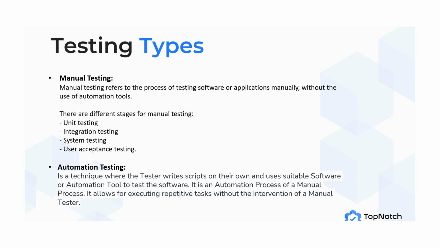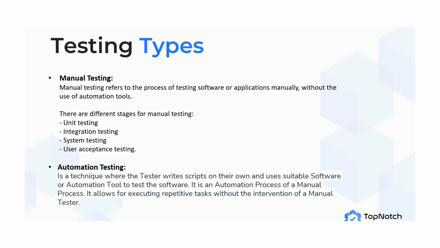Then, as a quality team or quality engineer, you will start the system testing. System testing means testing the whole application, multiple components, multiple pages. So testing the whole application and ensuring that there are no issues and no bugs.